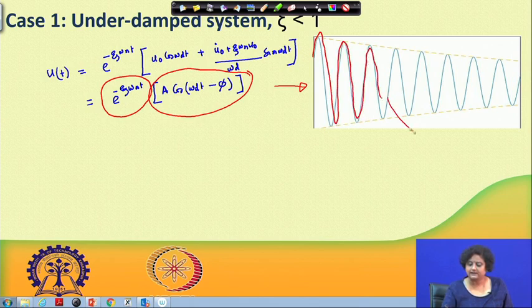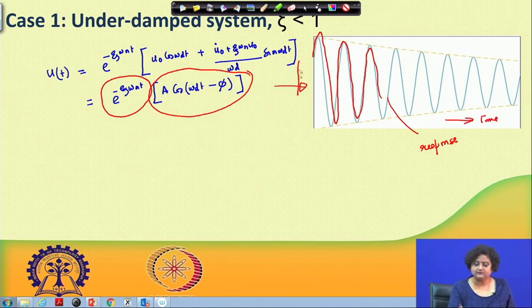So, this is my underdamped response of a single degree of freedom system. This is time, this is displacement. Okay.